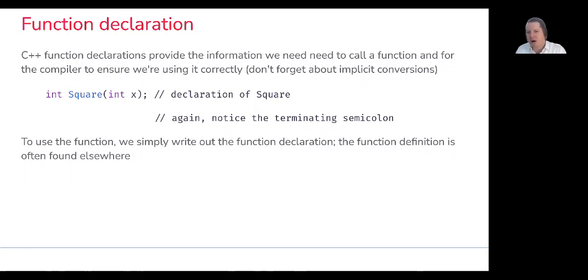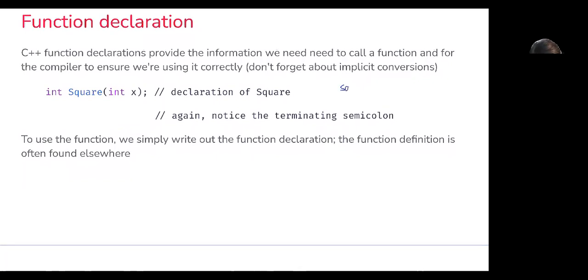And I point out here, don't forget about implicit conversions because I can call square with 3.14. I could call square with a, because these two types, double and char, have implicit conversions defined for them to type int. So essentially what we have in these cases is x is either equal to 3.14 or a in this case.